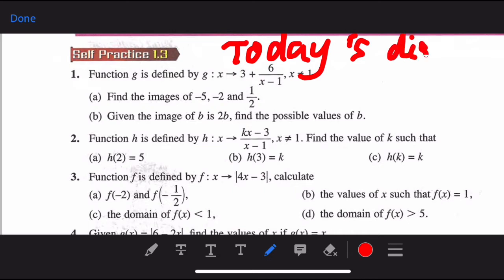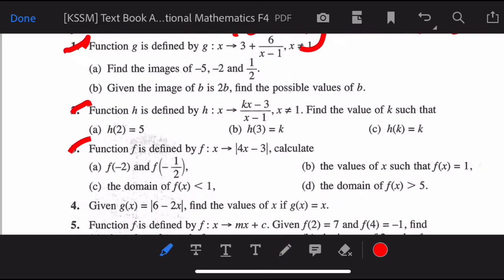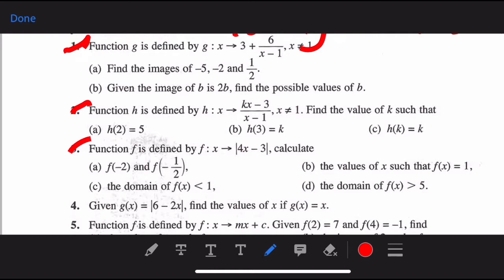Then the third one is about the modulus. So we will discuss in detail how to solve all these questions, especially the question involving modulus. Now I'm going to discuss one by one with you.